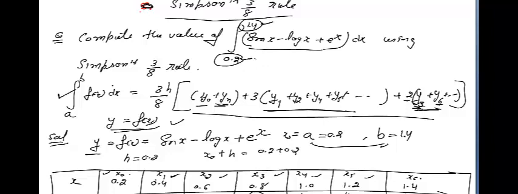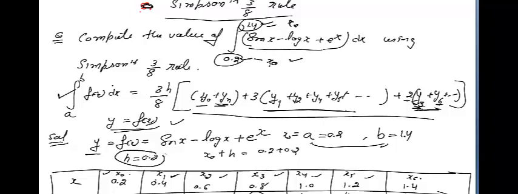So this is your x0 always, and this is your xn. You want to move from x0 to xn by taking h, so h you have to decide. Sometimes it will be given, sometimes it is not given. If it is not given, then you have to decide yourself. So here I have decided 0.2, because your x0 is 0.2.